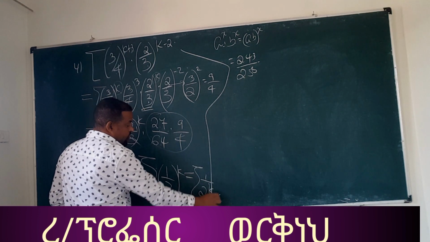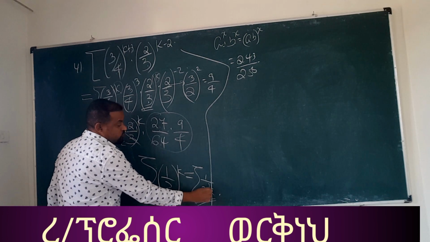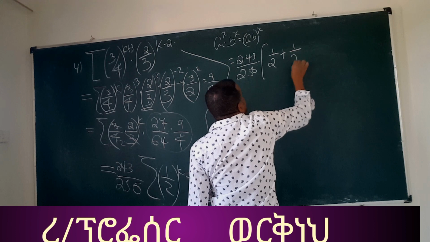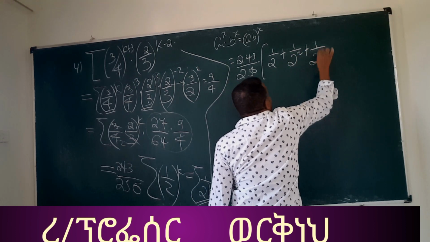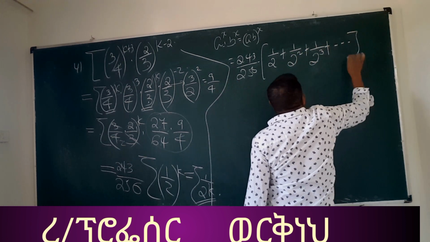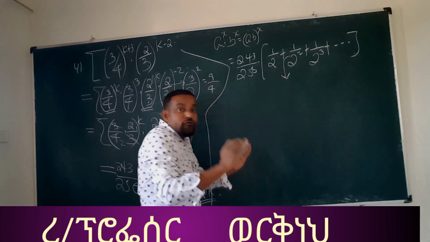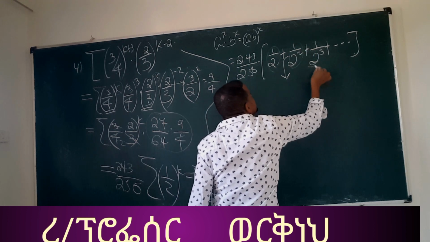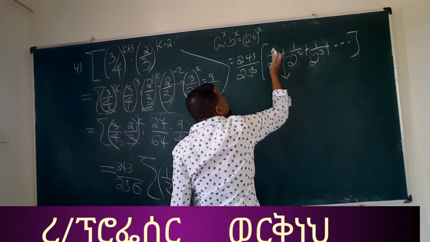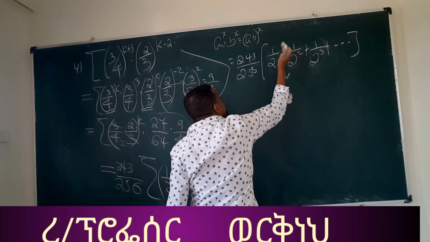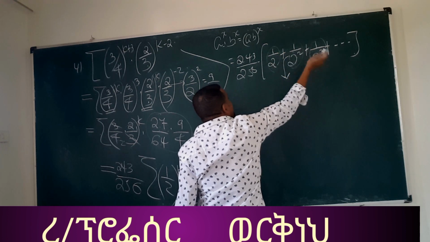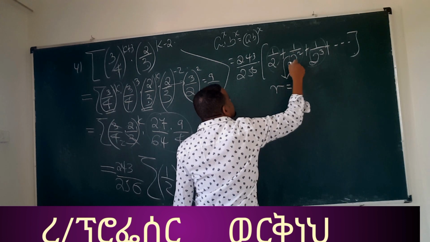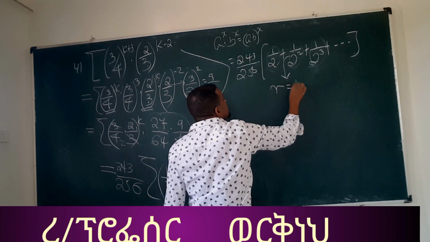This series is 1/2 plus 1/2 squared plus 1/2 cubed and so on. Call the terms g1, g2, g3. Dividing g2 by g1, and g3 by g2, gives the common ratio, which is 1/2.